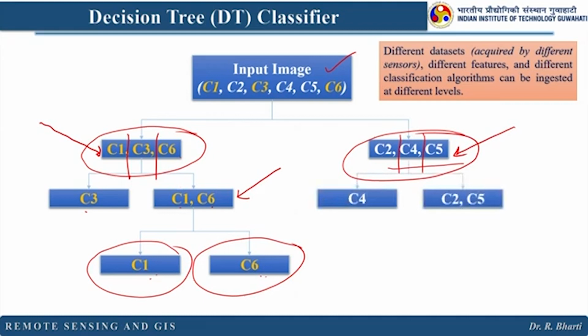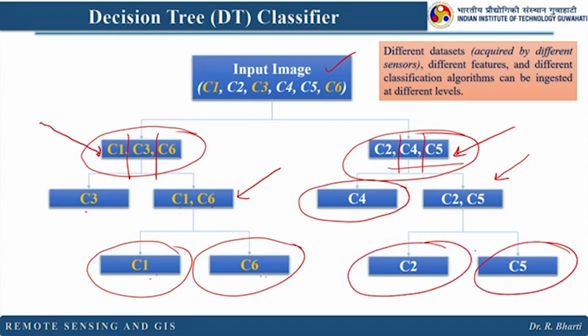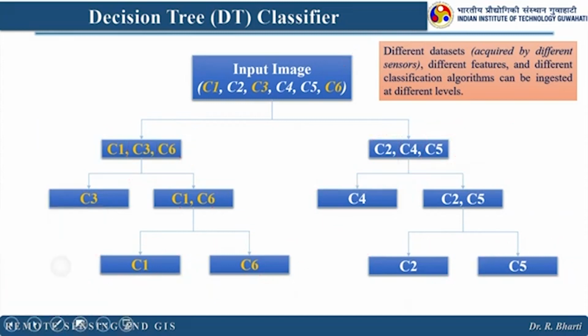Now, similarly, you can ingest here some data set or different logic or different classification technique and subsequently you will segregate all the classes here, right. So, ultimately we have all these classes separate, right. So, in decision tree classification, what exactly we are doing?